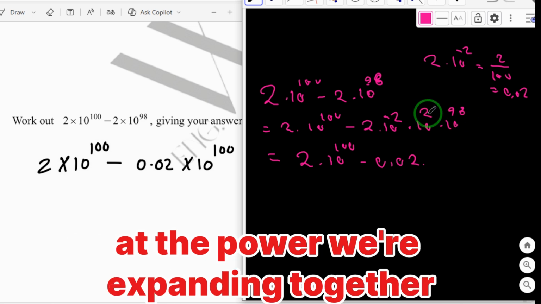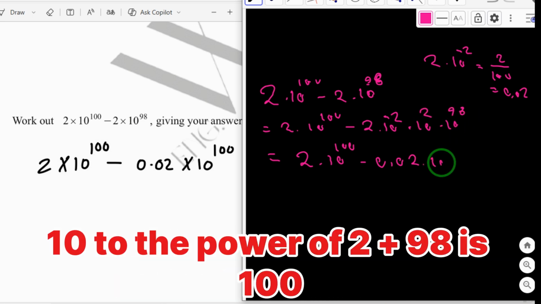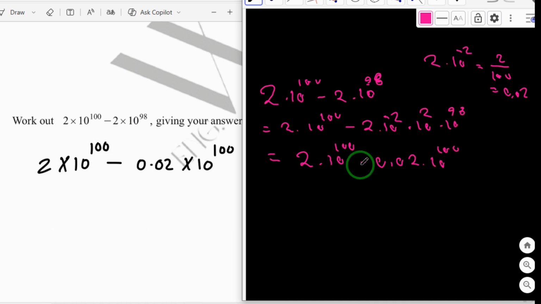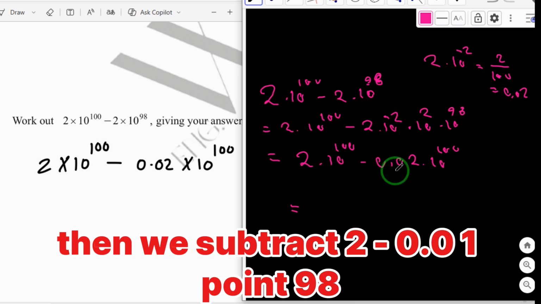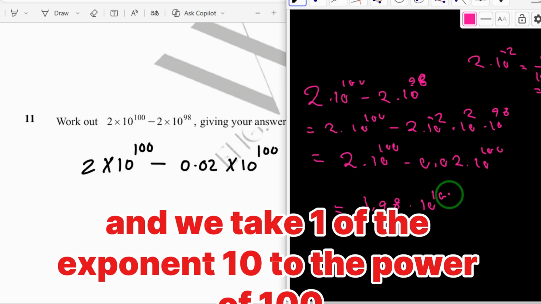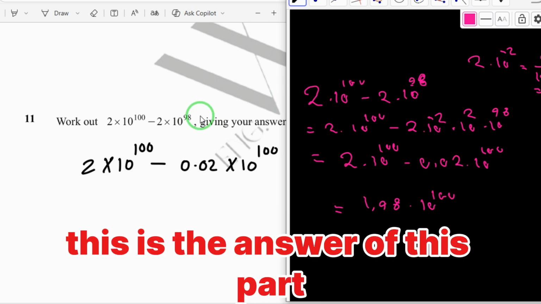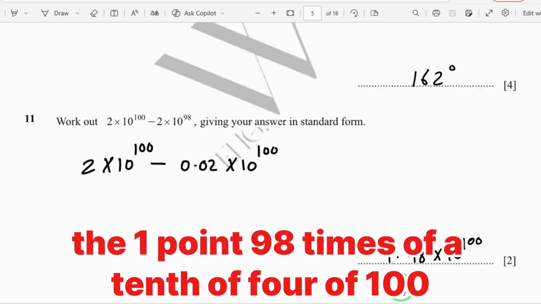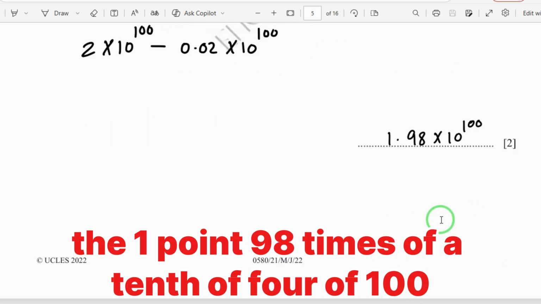We add the exponents together: 10 to the power of 2 plus 98 is 100. Then we subtract 2 minus 0.02, which is 1.98, and we keep the exponent, 10 to the power of 100. This is the answer of this part: 1.98 times 10 to the power of 100.